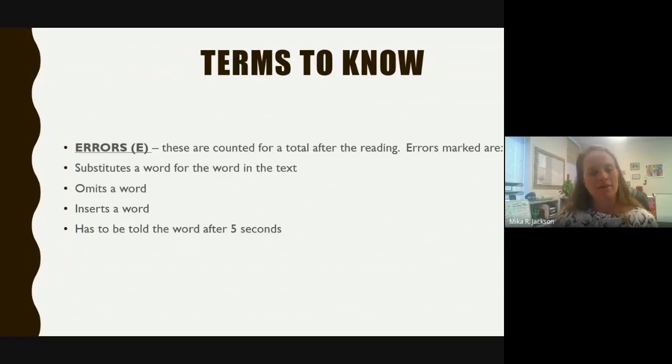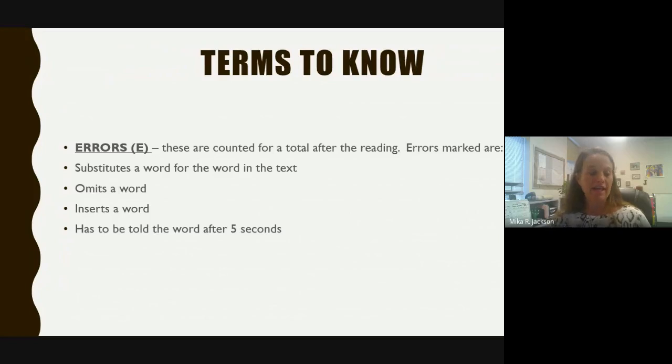Okay. So some terms that you'll need to know whenever we're looking at running records are errors. And these are counted up in total after you're through reading. Some of the errors that you're going to end up marking are substitutes for a word. So instead of the word brown, the student says black. You're going to want to count that as an error.